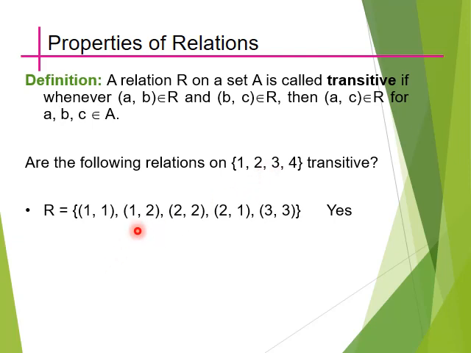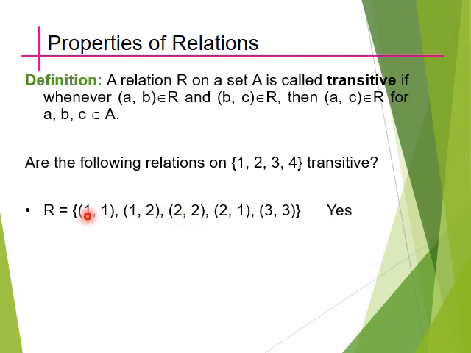So here we can see that (1,2) is there, and with this element (A,B) we can pick the element (B,C), for example (2,2). Then from these two elements we can generate element (1,2) that is also present over here, already here.